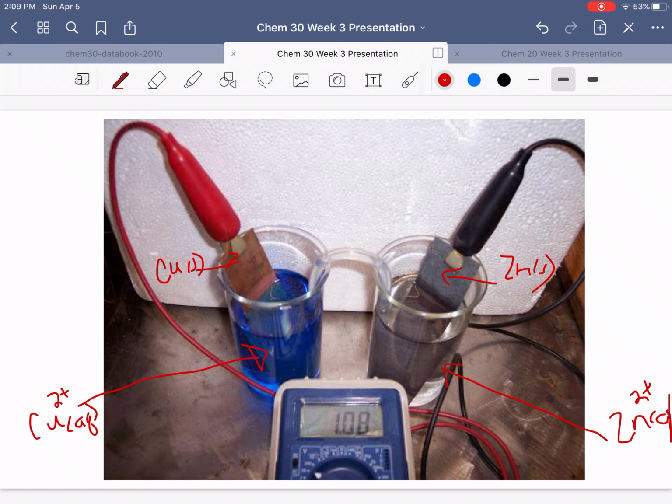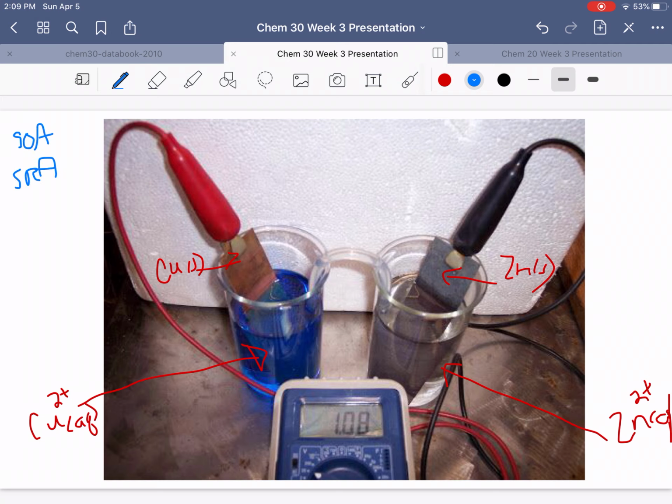All right, looking at this, how do you pick out which one is going to be the anode and which one's going to be the cathode? Well, you're going to have to make a decision in terms of which is undergoing oxidation and which is undergoing reduction. In other words, guys, the key thing is to figure it out. Are you going to call the copper, for example, or the copper 2+, the SOA or the SRA?